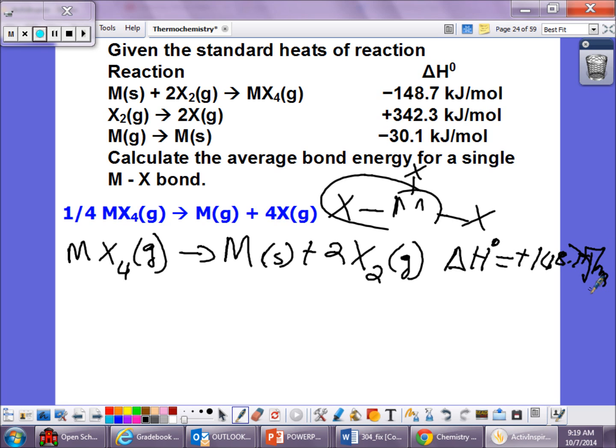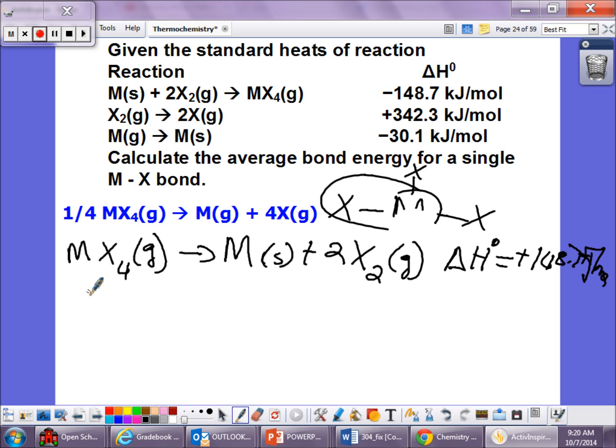And then I need M and 4X. I need M gas on the product side, but this is M solid. So I need to flip the third one. I cannot cross out here because, as you see, I put an X here. I cannot touch it. So let's flip the third one, because that's why we said the state is very important.